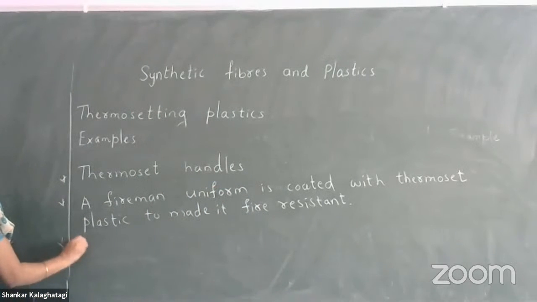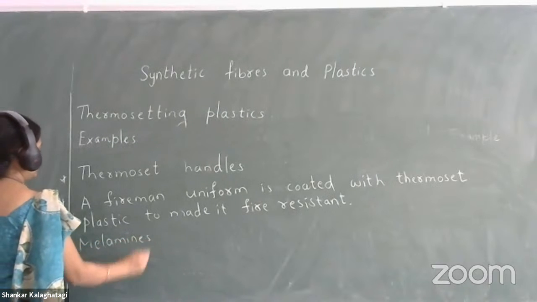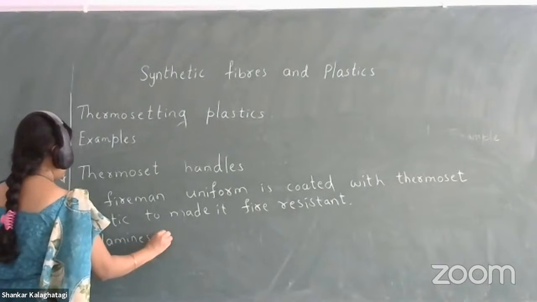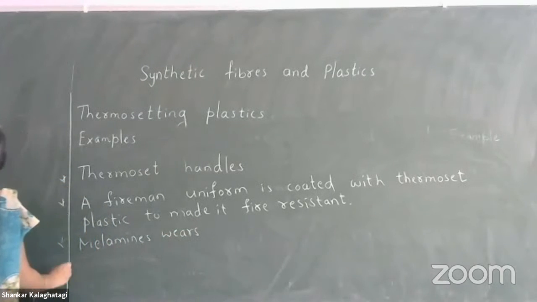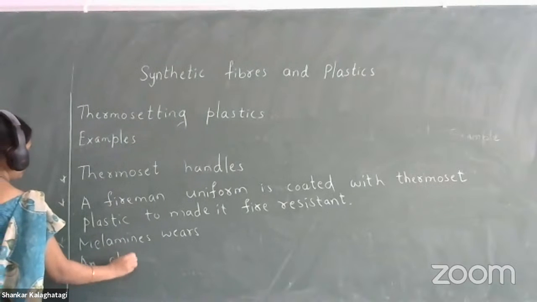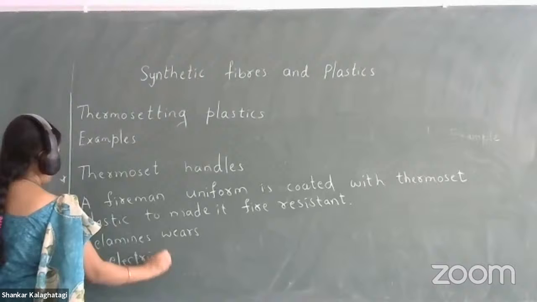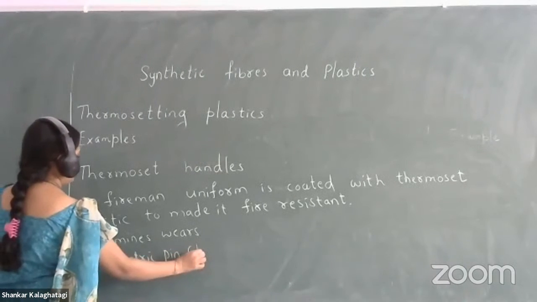Melamine wares: melamine wares are made into earrings and bangles, and we can also use it for electric pins. Electric pins will be in black color.